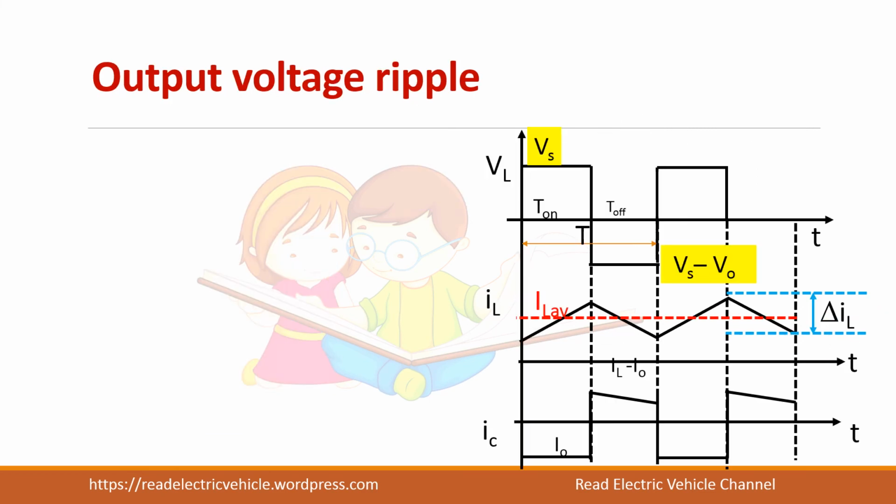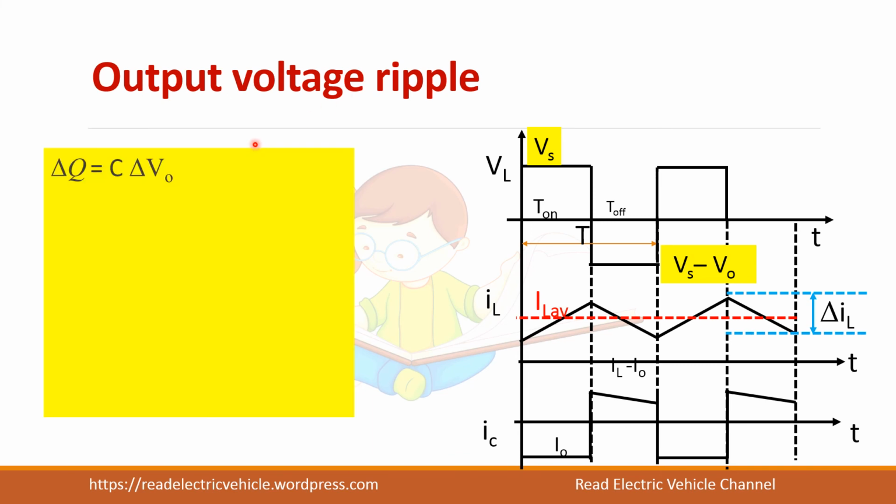Next, let us calculate the output voltage ripple. This ripple is controlled by the capacitor. The charge on the capacitor can be given by Q is equal to C into V. What is the charge on the capacitor? Take the capacitor waveform. In this capacitor waveform, you can see the on period is of rectangular shape. What is the area of the rectangle? Length into breadth.